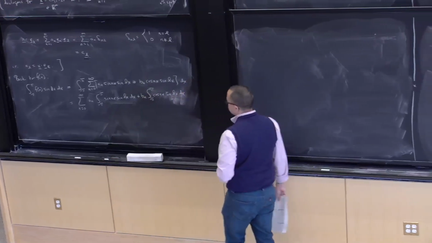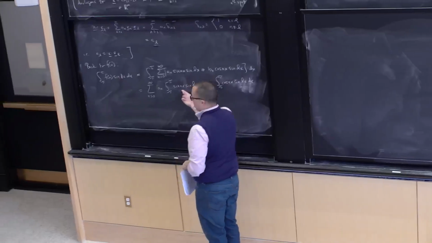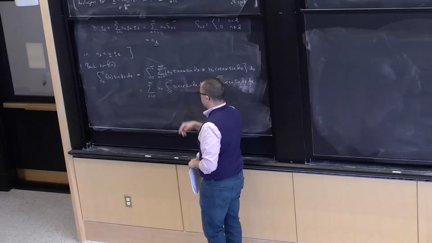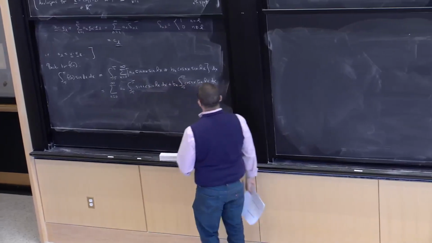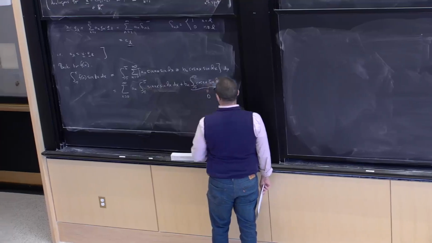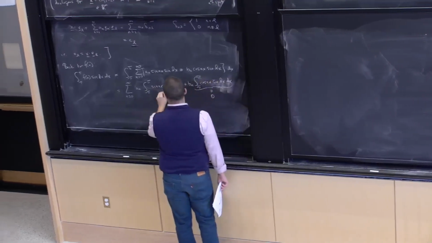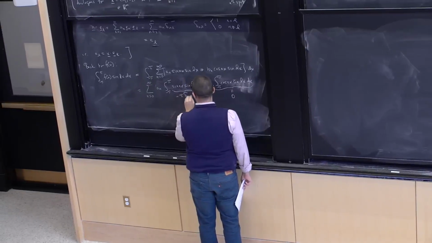Okay? Now, you can actually sit down and compute this based on trigonometric identities. And what you get is that this is always equal to 0, and that this here equals pi times delta nL.